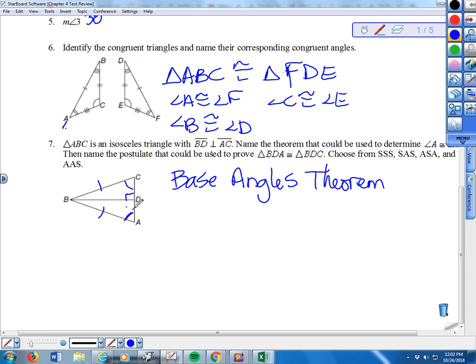That's another theorem. There's several things I could do to prove this, but I'm only going to use the information that was given to me. And the only information that was given is BD is perpendicular, so I know these two angles are equal. And A and C are equal from the base angles theorem. Therefore, the only one that works is angle, angle, side. Okay.